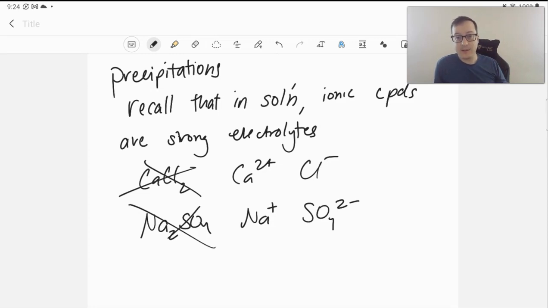Sodium ions, when they're with chlorine, should be soluble. I'll give you a hint. Remember, anything with sodium will always be soluble, but let's just double check for fun. And sodium with sulfate should also be soluble. So the sodium and chlorine will always kind of be present as our ions there. But the calcium and sulfate, once they find each other, they will rapidly create a solid, an insoluble compound.